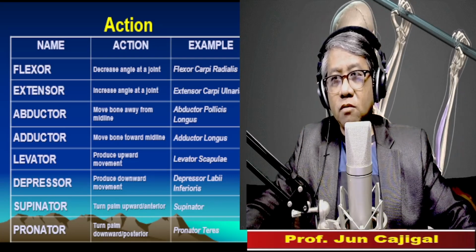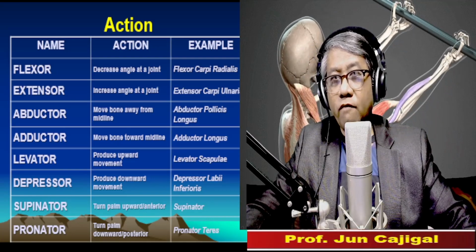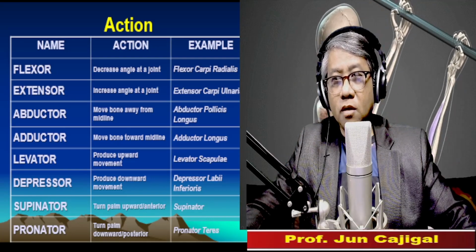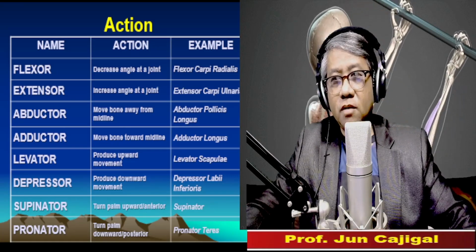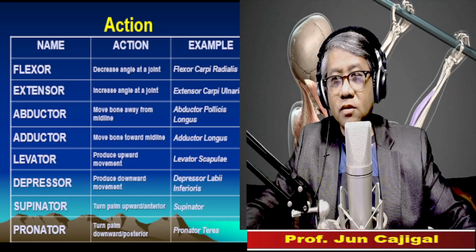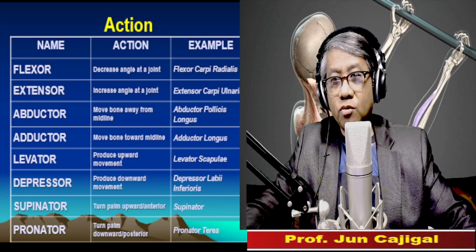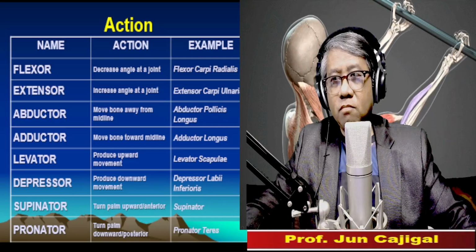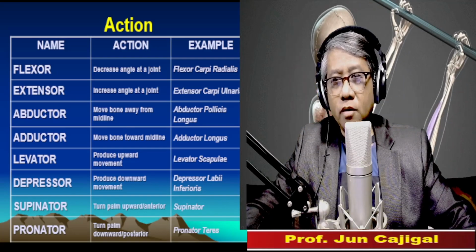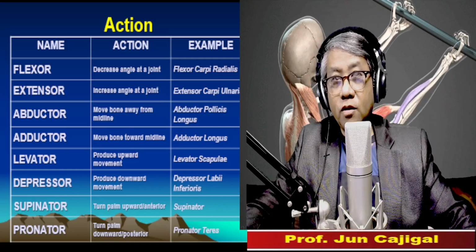Then if the muscle moves the bone away from the midline, you call that an abductor muscle. The opposite of that is an adductor muscle that moves the bone towards the midline. Now, if the muscle moves the body part upward, then you call that a levator muscle.